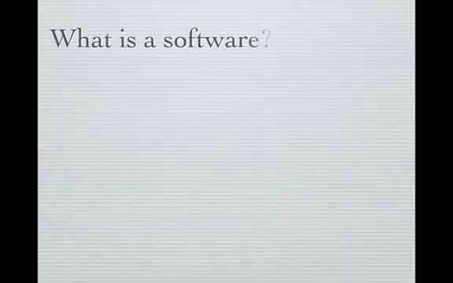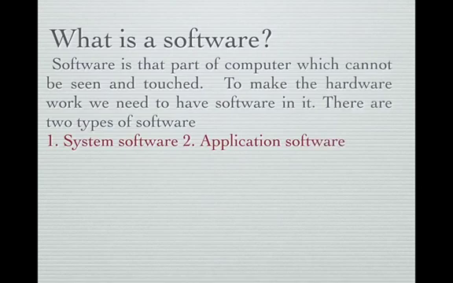Now let us start with what software is. A set of instructions given to the computer is software. Software is that part of a computer which cannot be seen or touched. To make the hardware work, we need to have software in it. There are two types of software: system software and application software. Some software works in the background, right?